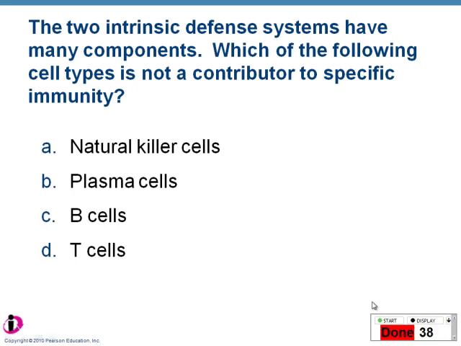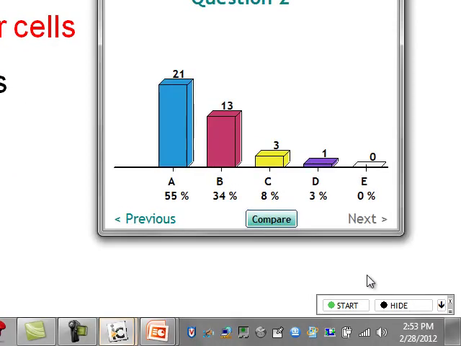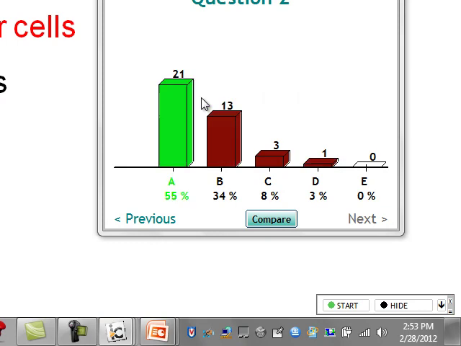What's the answer? The answer is A. Woo! We got some work to do, kids. What's a plasma cell? It was a B cell, and after it was specifically stimulated by antigen-presenting cells, it changed into a specific plasma cell that made specific antibodies. So 13 people picked that one. B cells, specific. They're going to get activated specifically. T cells, specific. You with me?